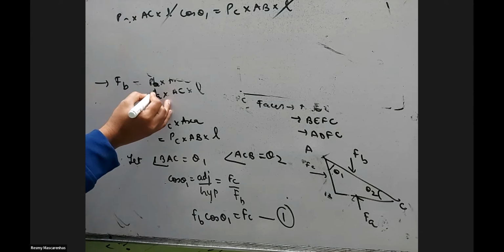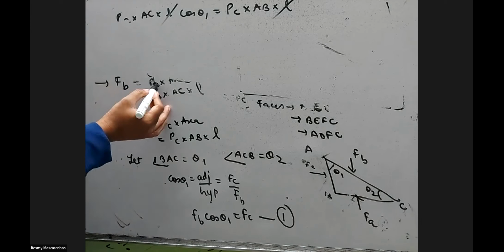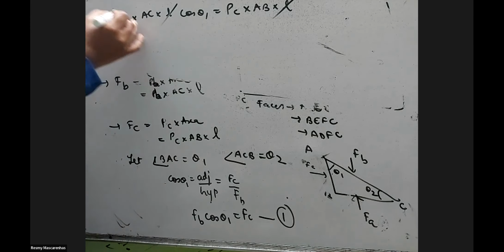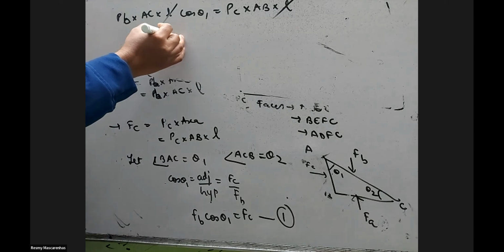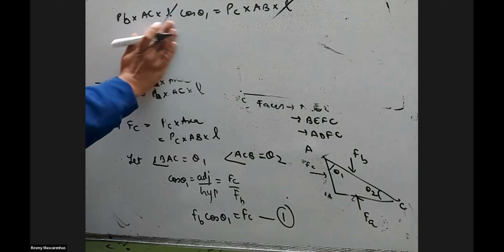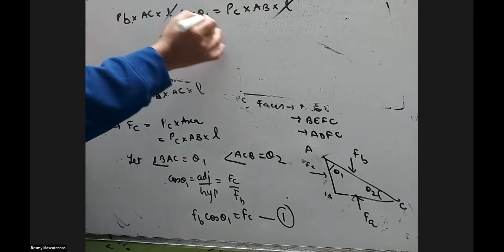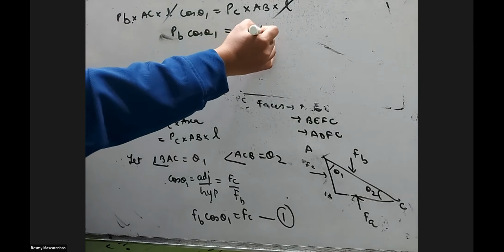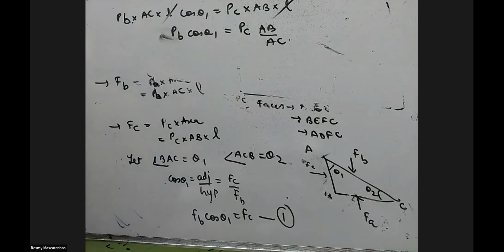This was B, just correct it. Fb is Pb. Okay. So AC, you keep it here this side. Pb cos theta 1 equals Pc, with AB upon AC.